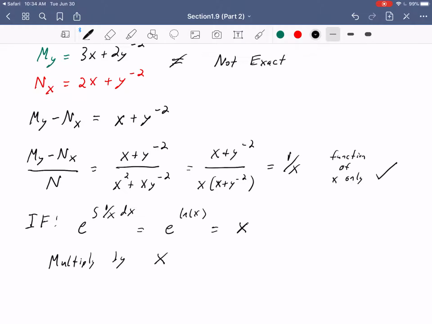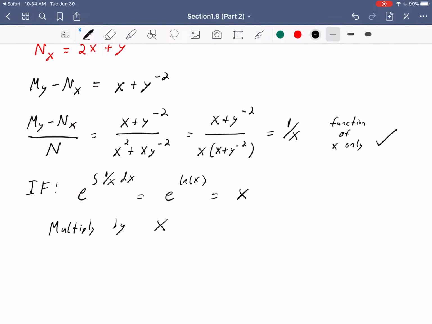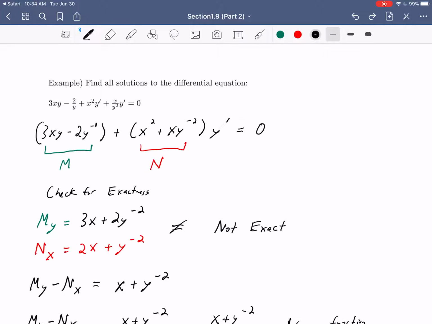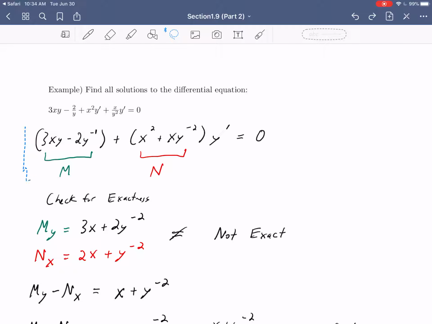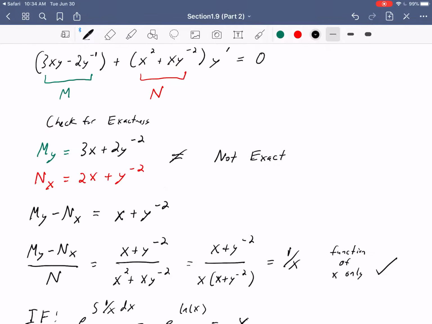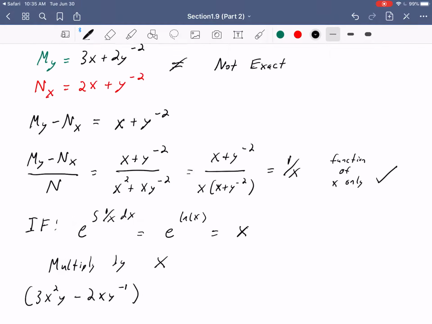So if we do that on this term, we'll just bring that down so we can see it, make that a little bit easier. We can just rewrite it. We multiply by x. That's 3x squared y minus 2xy to the negative 1.